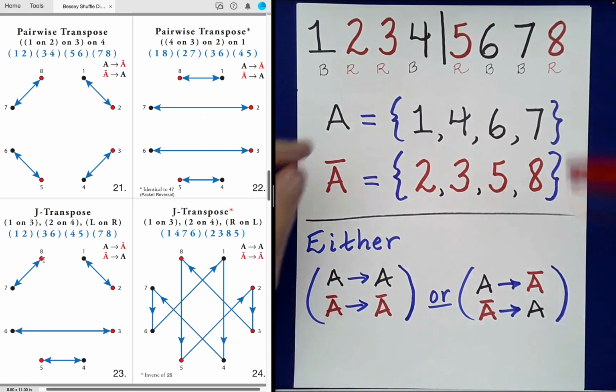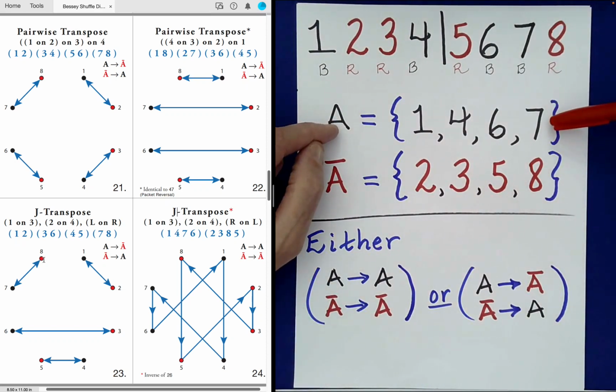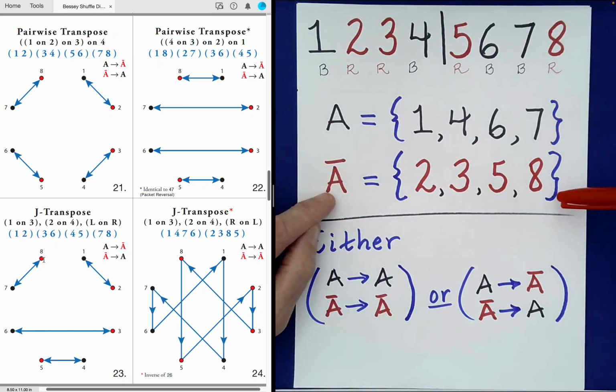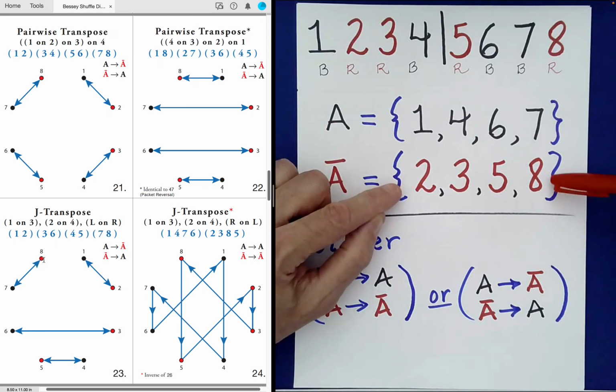So to see that clearly, the 4 cards that began in positions 1, 4, 6, 7 stay somewhere in that set of position values 1, 4, 6, 7. Similarly, for the complement, the cards that originally began in positions 2, 3, 5, 8 will stay somewhere within that set of position values 2, 3, 5, 8.